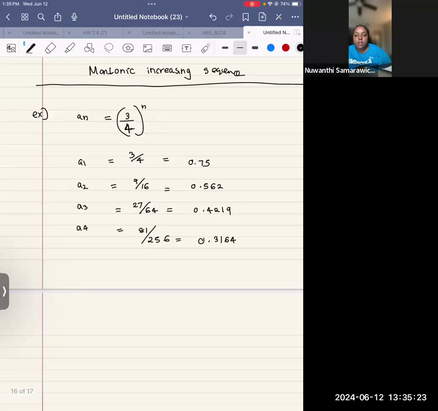Okay, so what do you think this? Is it increasing or decreasing? It decreases, right? It's a decreasing sequence. Okay, so we have a rough idea. It is decreasing.